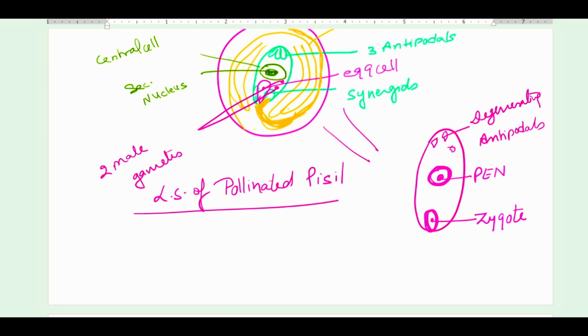And again, you can show this small structure, which is termed as degenerating. These are degenerating synergids. So you have to be very focused on the question, on what they are asking. Are they asking for an embryo sac just after fertilization or a normal pollinated pistil?